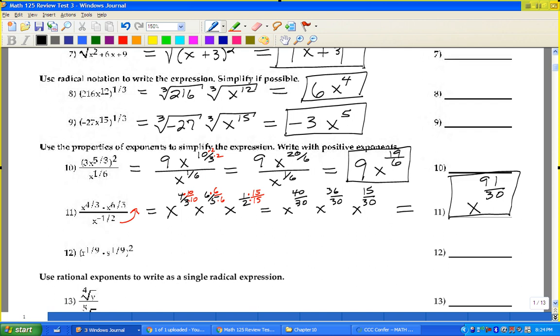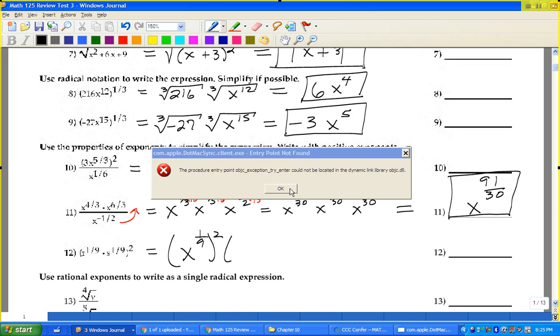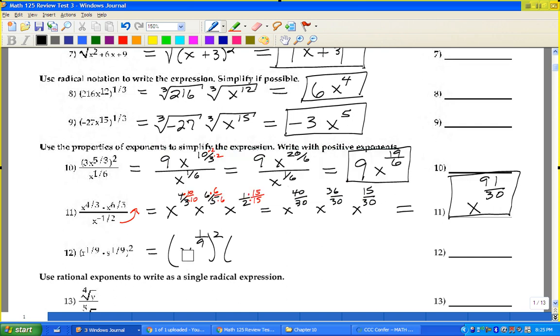Let me do problem number 12. This is r to the 1/9, s to the 1/9, squared. So I'm going to square both of these. Sorry. r to the 1/9 times s to the 1/9, squared.